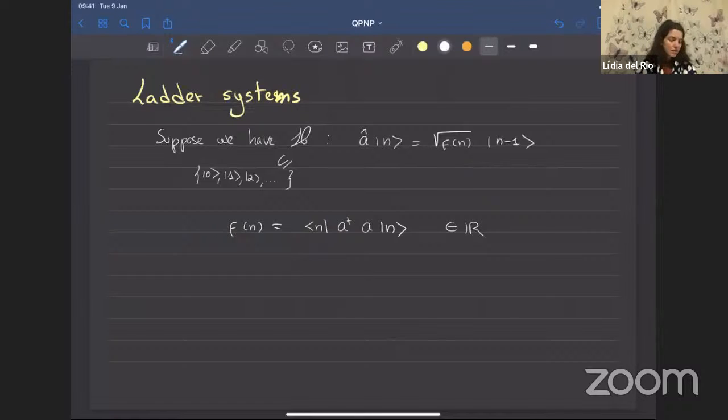Good. But then from here, we can already infer that if we have the transpose conjugate of the operator, and we apply it in state n, then this must be the same function, but now evaluated on n plus 1. And now n plus 1.